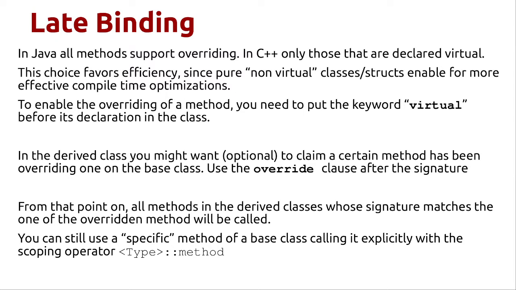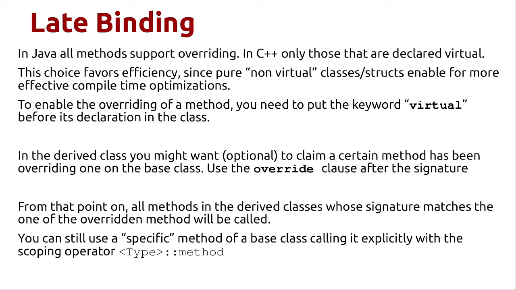So in case the print of a person will print the name and the family name, the print of the student will print the name, the family name, and maybe the student ID. Okay? But still, you want to have one single instance of method print, so that if you call an opaque object that could be a person and you say print, then it prints the right thing, depending on the instance of an object.